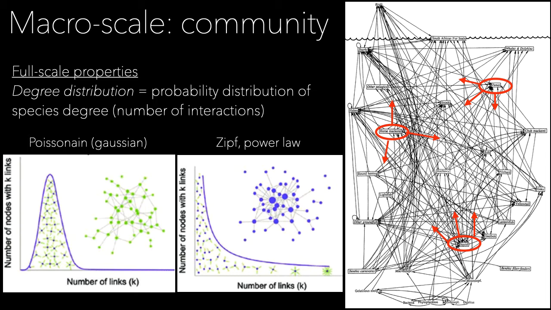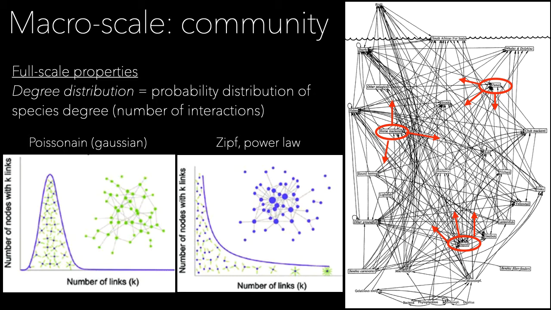We remember that the degree is the number of links per species, which is the number of predators and prey of each species. So if we repeat this exercise for the whole food web, then we can plot the distribution of these links, and we can derive a probability distribution for the species degree, for the number of interactions.